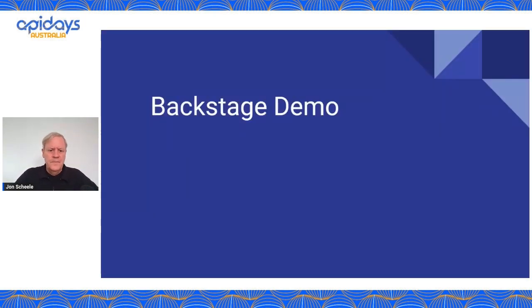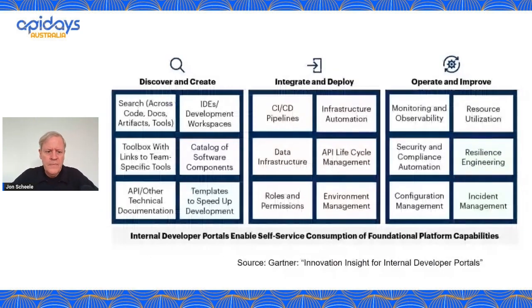So first, in the discover and create phase, you want to make sure that the developers are going to be able to find the standards and patterns that the organization wants to promote. You want to be able to find what are all the software components that exist in the organization today so that they can reuse them.